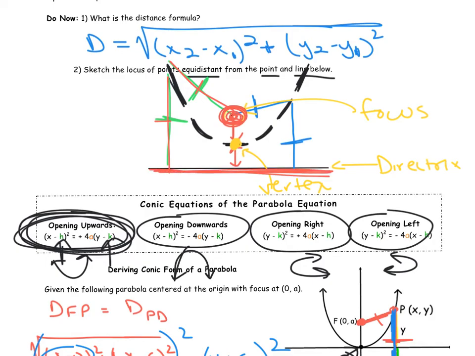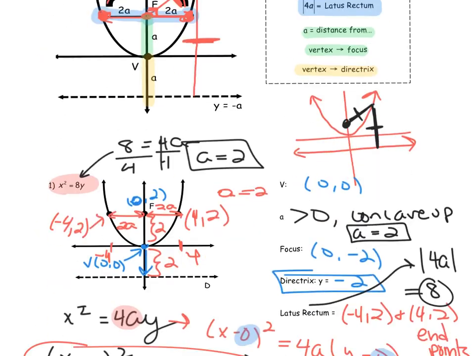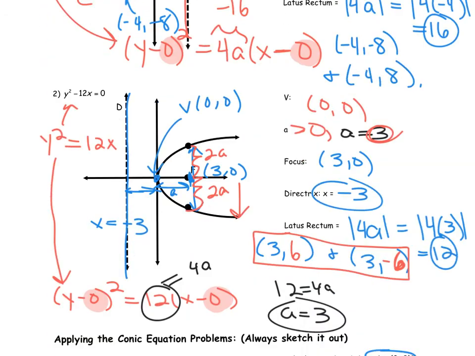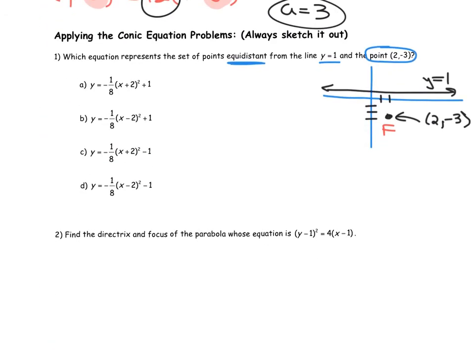So that's the exact situation we're looking at. So we have the focus, which is given with the point, and then our directrix. So if I know the directrix and the focus, I can figure out the vertex, because if you remember from our sketch from earlier, that vertex is halfway between the focus and directrix.